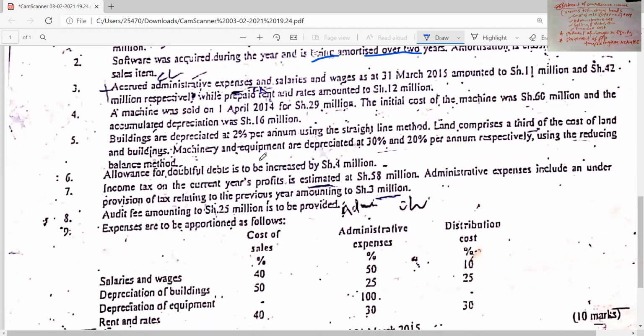Rent comprises a third of the cost of rent and building. Machinery and equipment are depreciated at 30% and 20% per annum, respectively, using the reducing balance method.